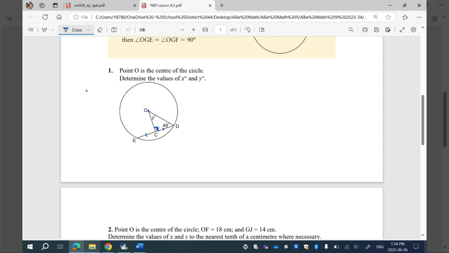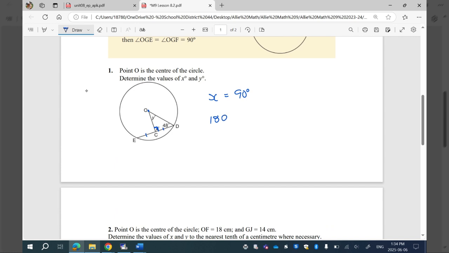So we know that x is going to equal 90 degrees because we have a line that passes through the center and bisects a chord into two equal parts. Therefore, it's perpendicular, and that angle is 90. And then what else do we know? We know that the angles inside a triangle equal 180.